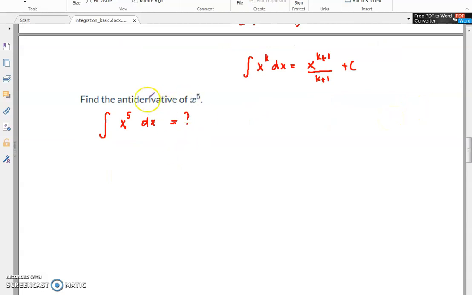So let us now focus on our question. By using the comparison technique, you have the same integral and the same x, but here the value is k and the value here is 5. So you can see that the value of our constant is equal to 5.